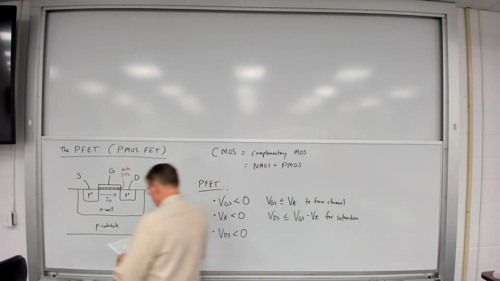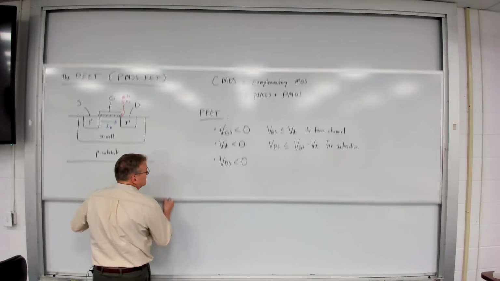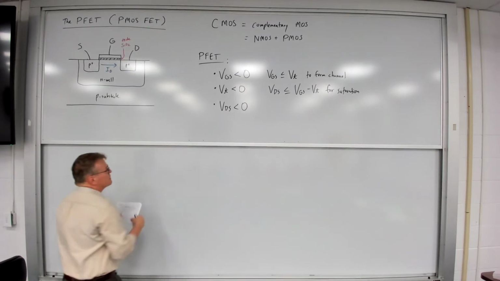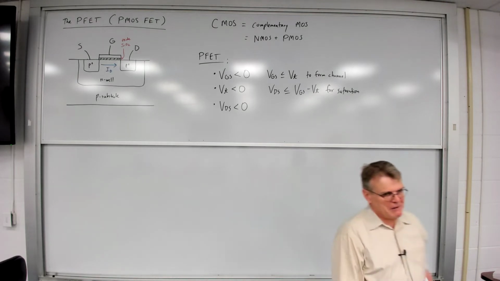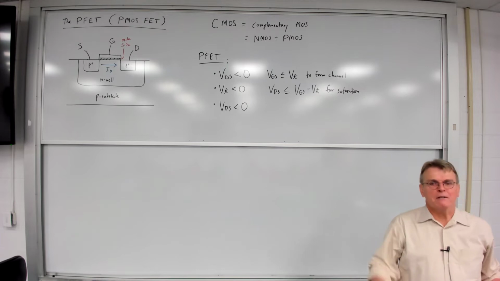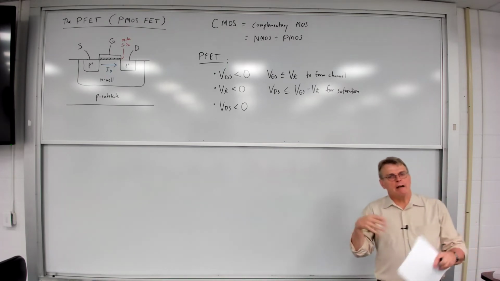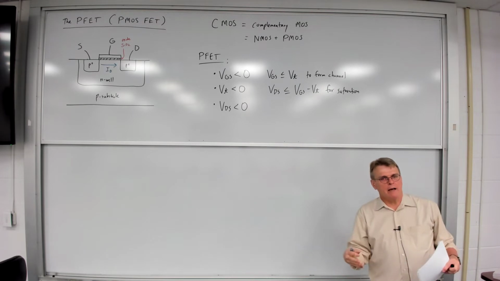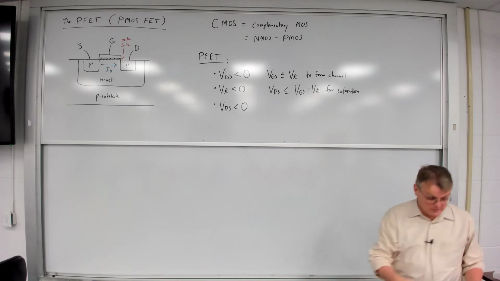Okay? So the book, our textbook does not like negative numbers, or the authors did not like negative numbers. Some textbooks are fine with using negative numbers for PFETs, negative voltages and such. But our textbook writers didn't like it, so they like to rewrite things in terms of positive values, which means they use a lot of absolute magnitudes or they flip around the subscripts.